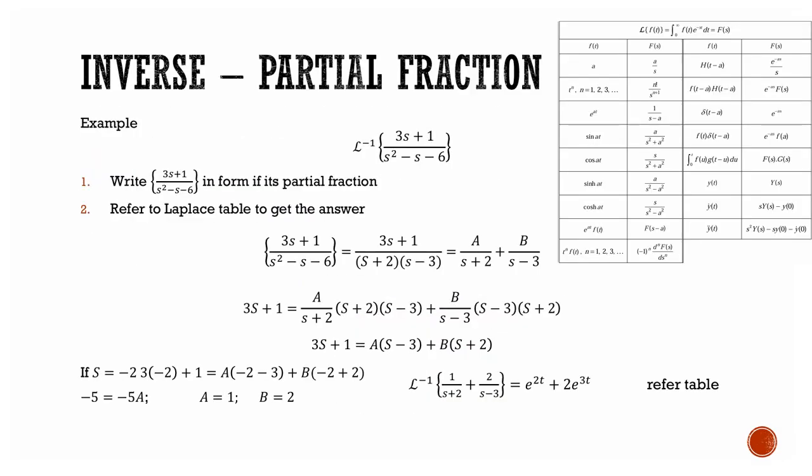Here we can see a more complex example using the inverse Laplace transform. Given the function (3s plus 1) divided by (s squared minus s minus 6), we can write this in the form of its partial fraction, where the denominator is (s plus 2) multiplied with (s minus 3).